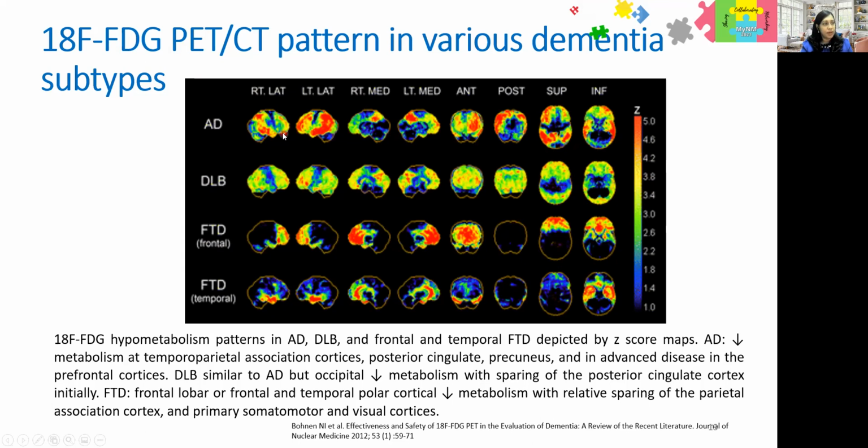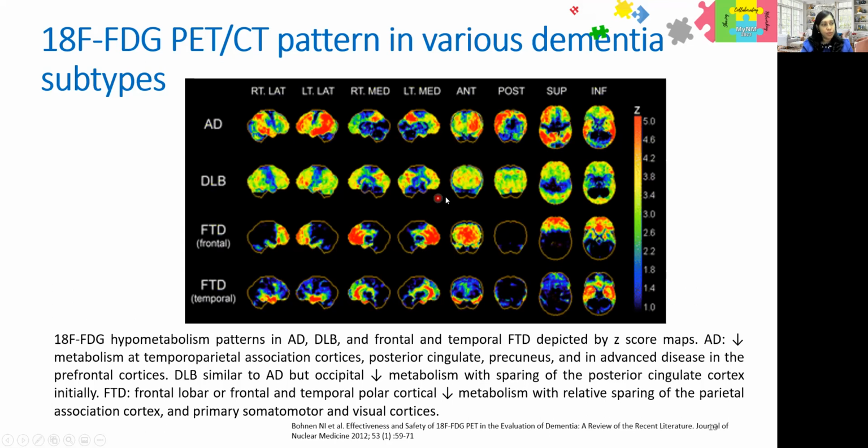As you can see, the red indicates severely increased Z scores, indicating FDG hypometabolism. So in these temporoparietal regions, there is a characteristic pattern of Alzheimer's disease FDG hypometabolism.